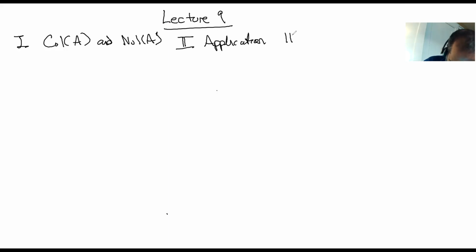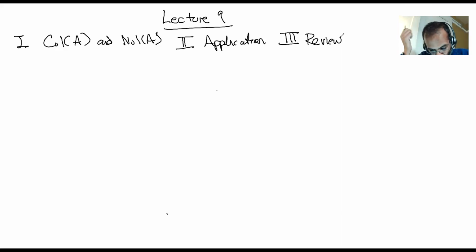And then finally, I'll do a review of what we've done for the exam, which, as you probably know, starts at 8 p.m. tomorrow, and is open for 36 hours. Okay, so that's the plan.